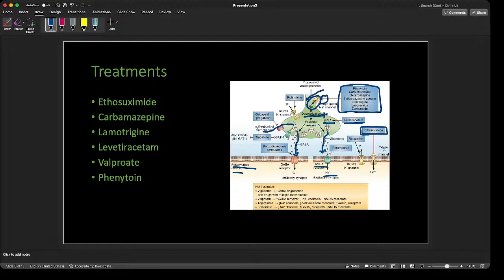There's some other drugs here. The perampanel, which is pretty much inhibitory for AMPA receptor, it looks like. And then the tiagabine, it has other mechanisms here, like the GAT1.